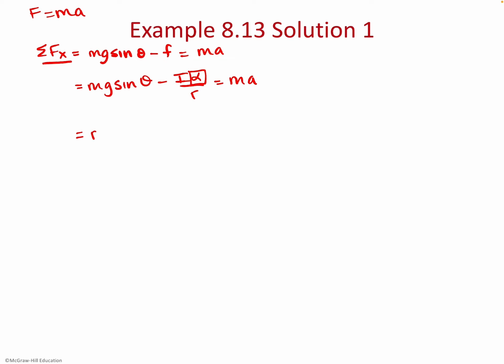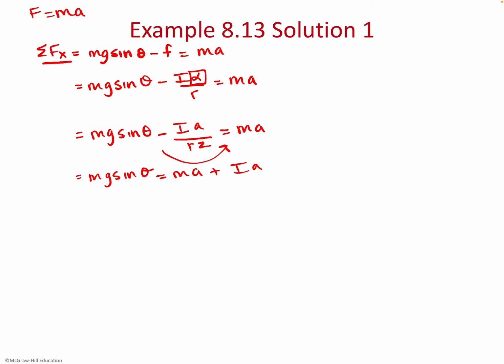So when you do that, you have this. Now what I'm going to do is add that over to the other side. So mass times gravity sine theta is equal to mass times acceleration plus, and keep in mind, we're trying to solve for acceleration here.